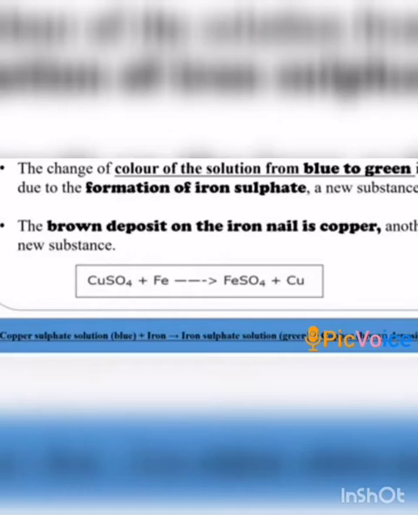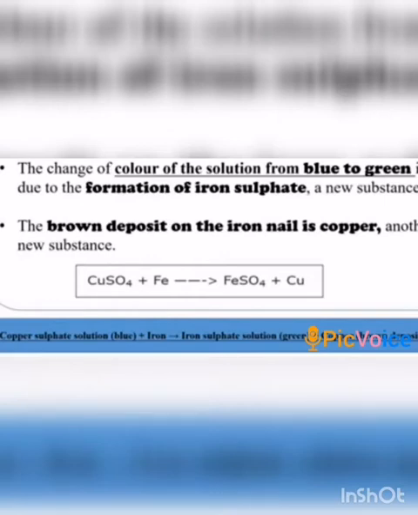Here what is iron? Blade. A blade is iron, or nail or blade. Fe, iron. Copper sulfate plus iron gives iron sulfate, FeSO4, plus copper.